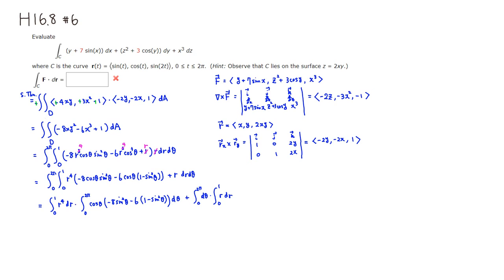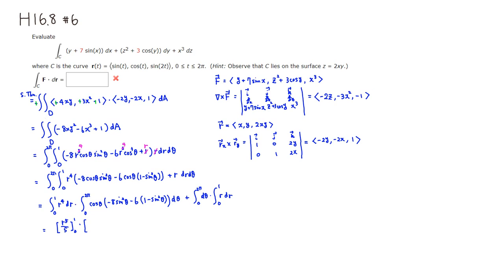So the first part, its antiderivative is r to the 5th power over 5 from 0 to 1. So this is fairly easy to compute. For the antiderivative of the second part, I'm going to use substitution.